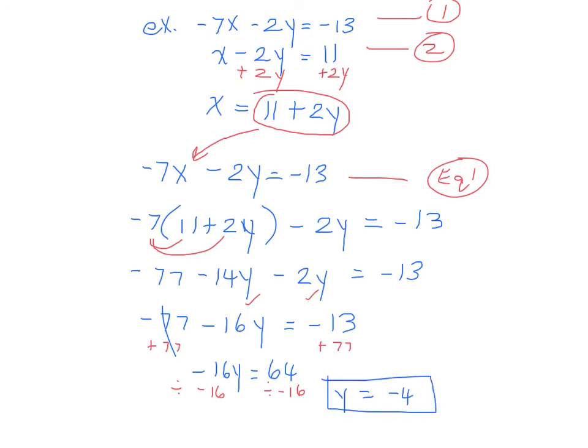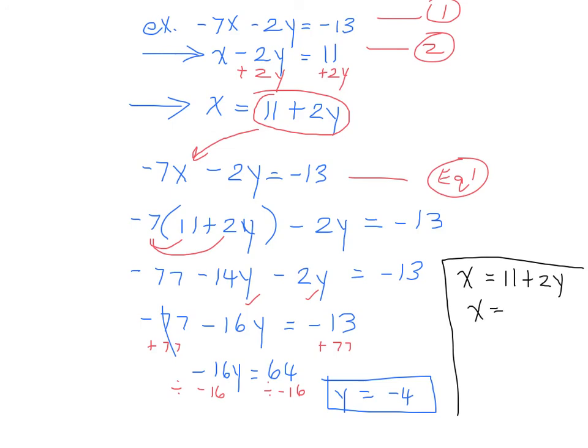So now, as we did in our previous example, we can take that solution and plug it into either equation. Since that equation looked a little easier, which is also the same as that equation, we can use any one of these equations at the top. I choose to use x equals 11 plus 2y.